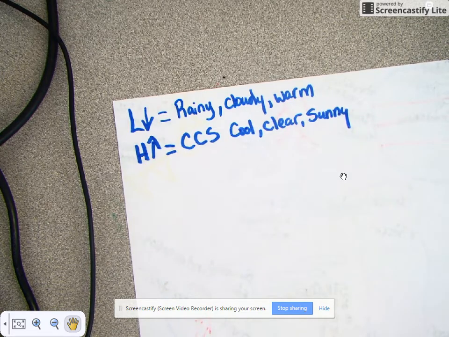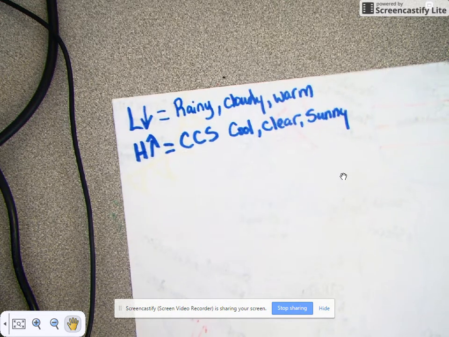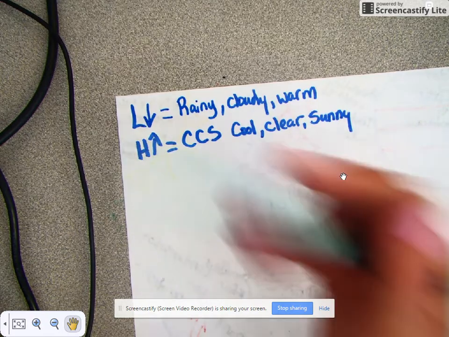High pressure system. And because there's no clouds or there's limited clouds, the air is able to escape, which makes it cooler. Does it mean that it's going to be freezing? No.